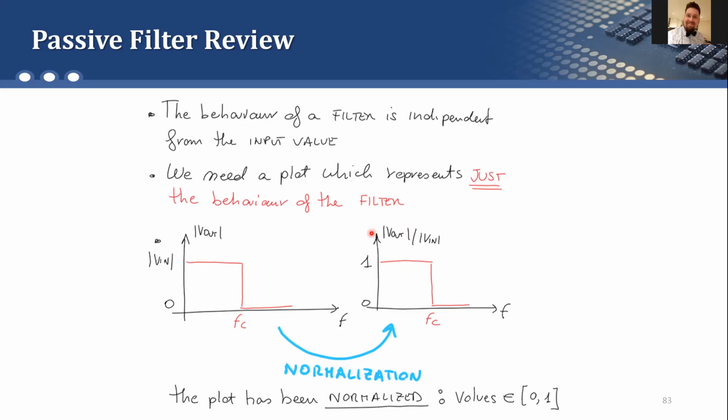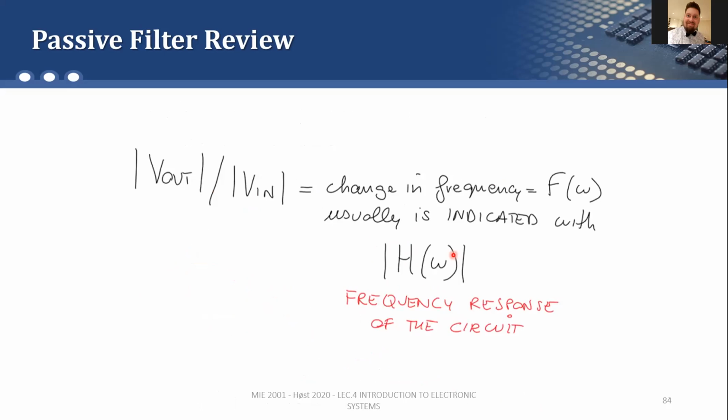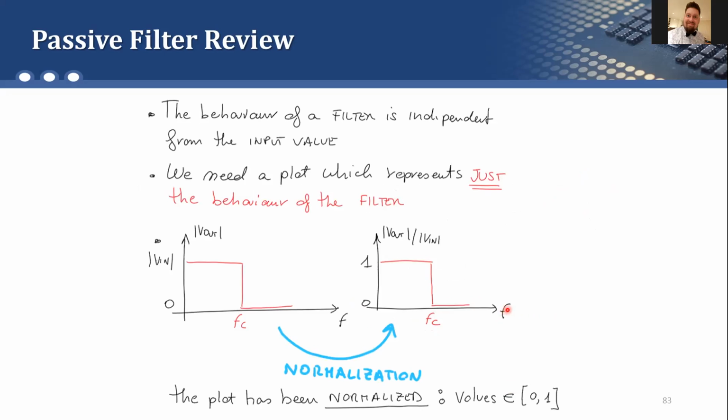Then this parameter here, which is the y-axis, has a very important purpose and meaning. It's usually called the frequency response of the circuit, and of course it is a function of the frequency. Here I wrote omega, but here I put f.